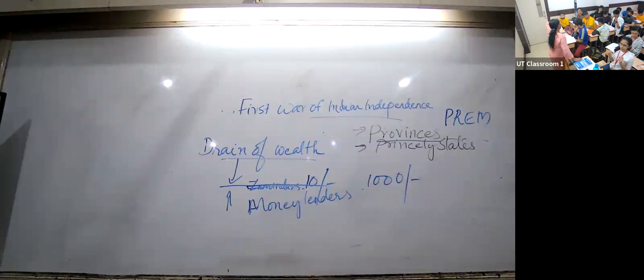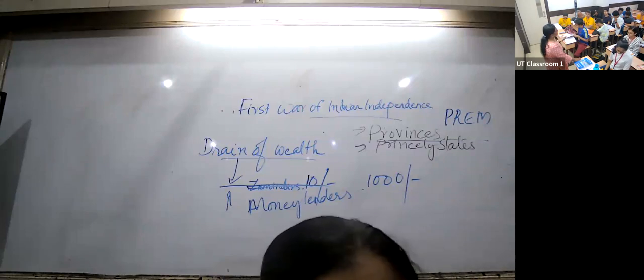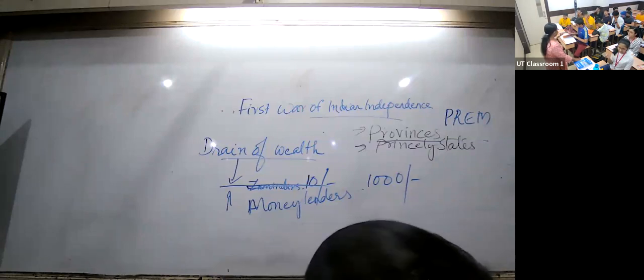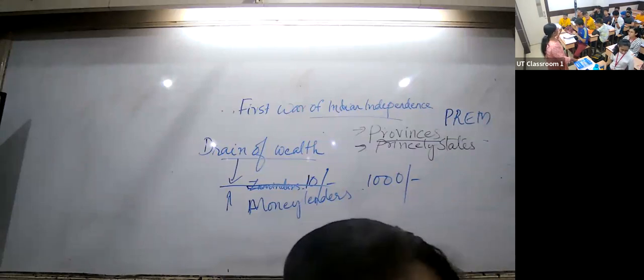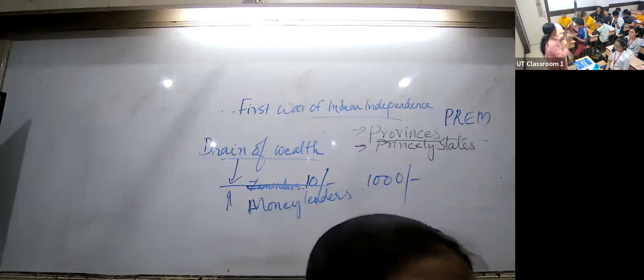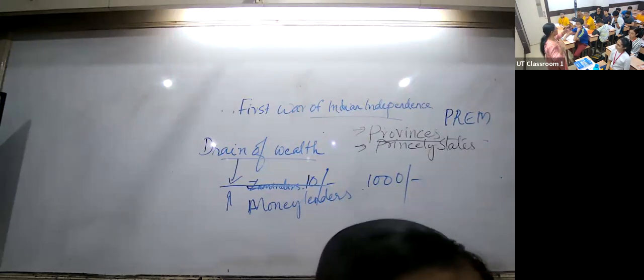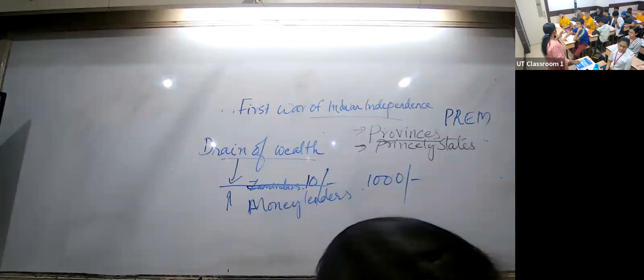Actually, that part, when what happened, is cancelled. But still, as it is our national event, the revolt of 1857, then what happened? So learning chronologically is very useful.